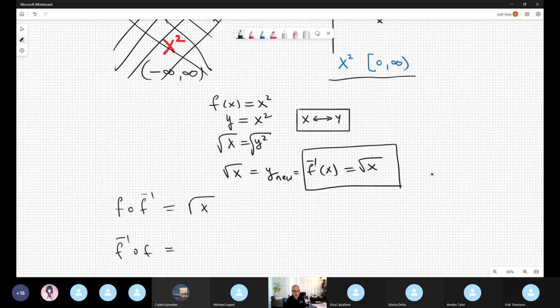Inside you put x squared, que es the original. The original inside here. And together give me identity. Because I know very well that square root and square power cancel out each other. Now, in this scenario, we have a square root of x squared. It's the same. Do you see?